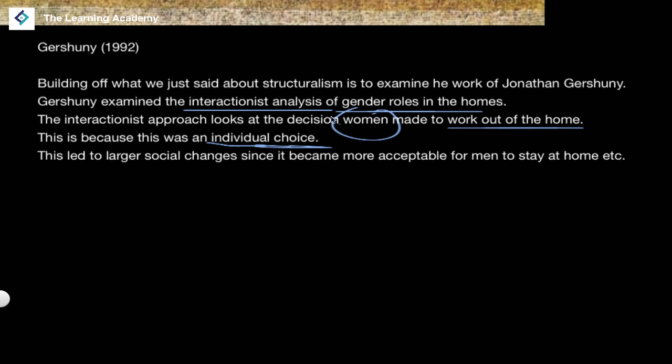And these individual choices and this broader trend of women working outside of the home becoming a more popular and common thing eventually led to larger social changes.